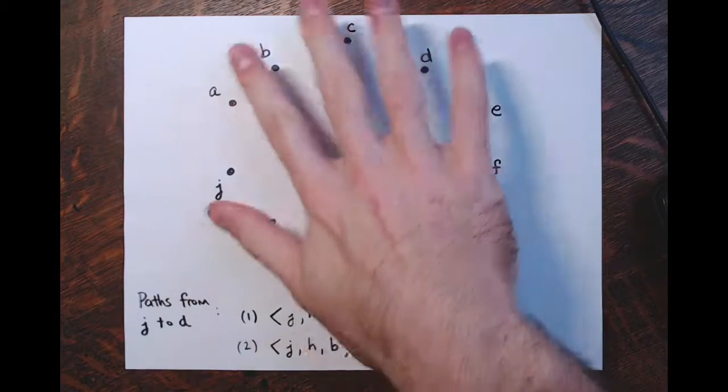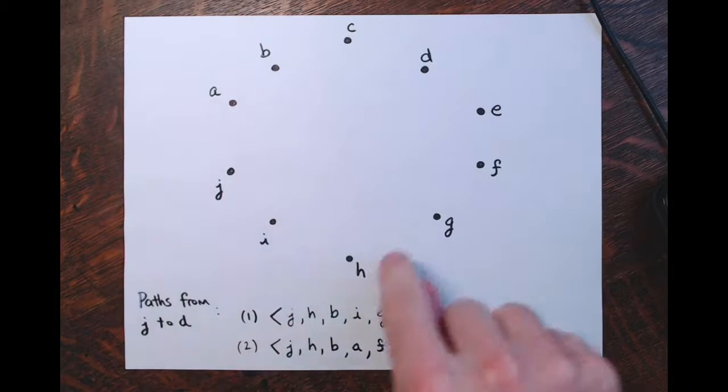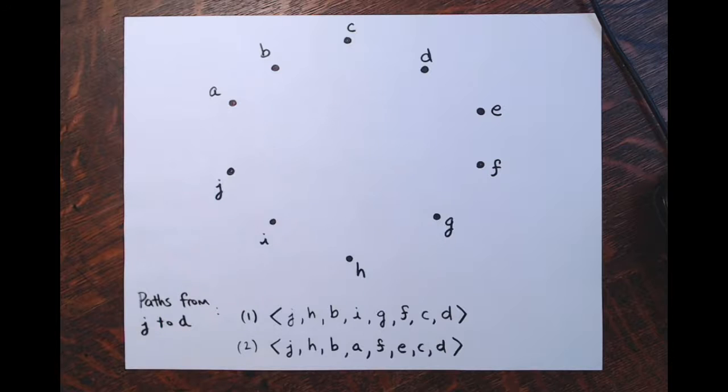Okay, so here I've drawn vertices A through J in a nice circular kind of way.